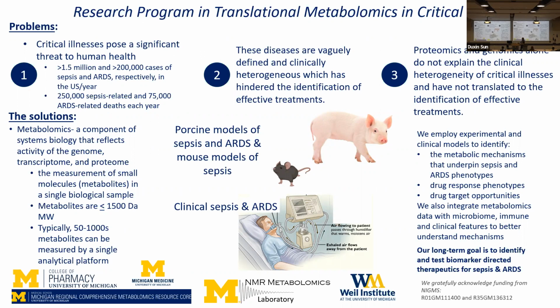Despite that impact on human health, these diseases are vaguely defined, and there's really no targeted pharmacotherapy. Most of the therapy for these diseases are supportive. And proteomics and genomics, which have been utilized for decades, do not fully explain the heterogeneity of these diseases, nor have they been successful in identifying paradigm-changing therapeutics.